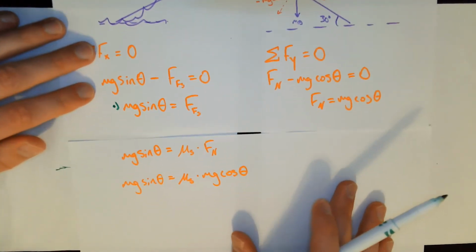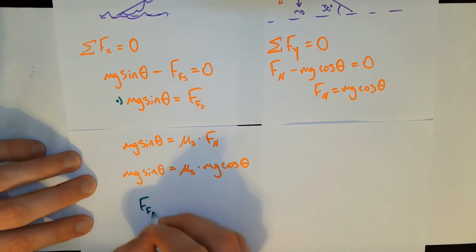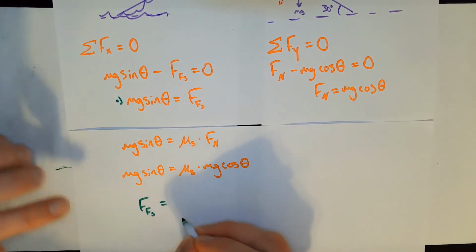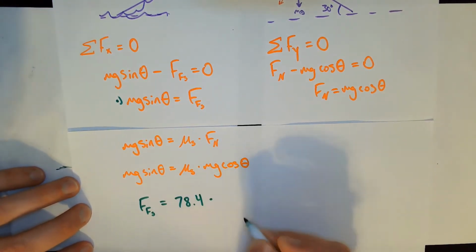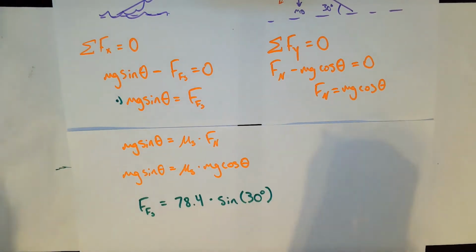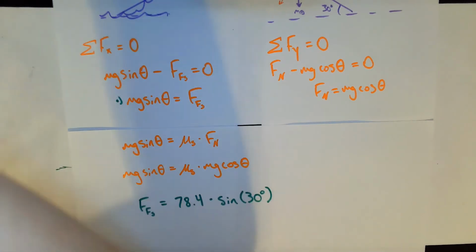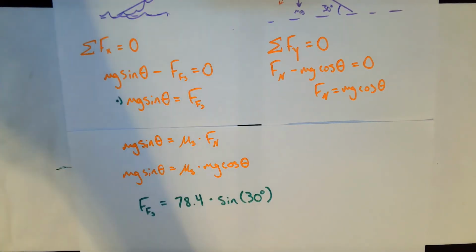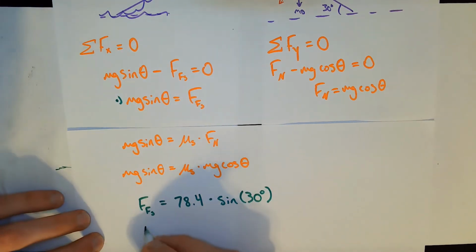So really, all the way from back here I can solve the problem because my static friction force is equal to mg, which is 78.4, times sine of 30 degrees. Is sine of 30 1/2 or square root of 3 over 2? I forget. It is 1/2, so 39.2.